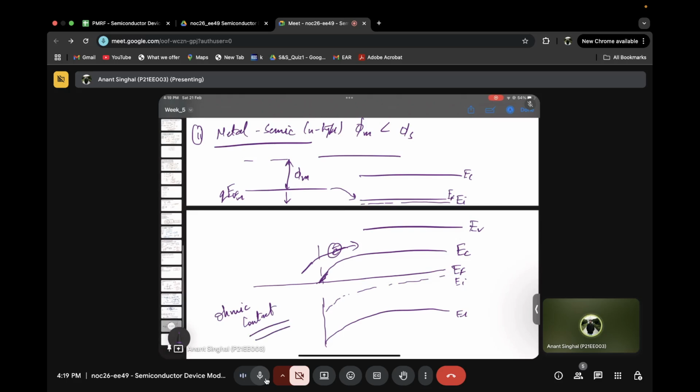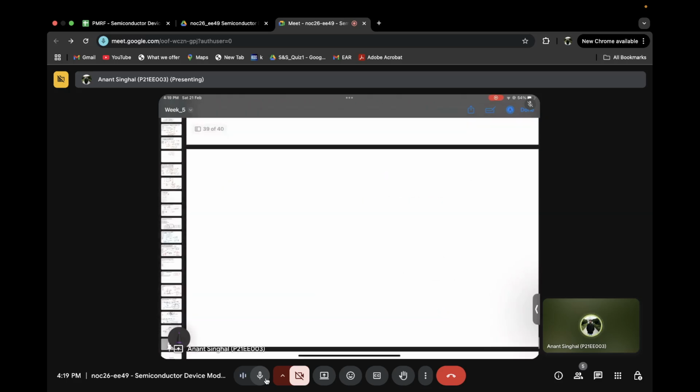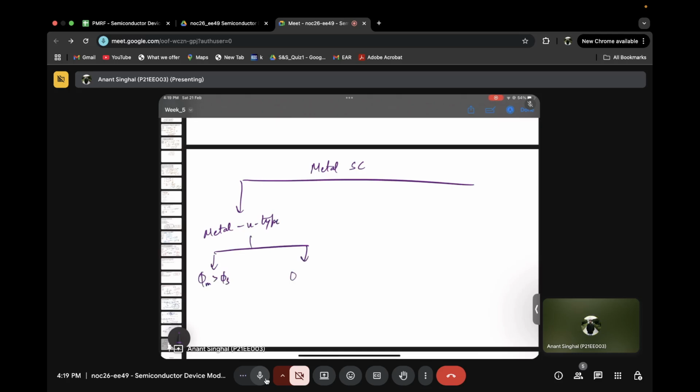Yeah, so just to summarize this, we have two types of contact for metal semiconductor. One is what we have seen, metal N type. In this also we have two cases: when phi m is greater than phi s, and when phi m is less than phi s. So this is Schottky, this is ohmic. Now we can also do the same analysis.